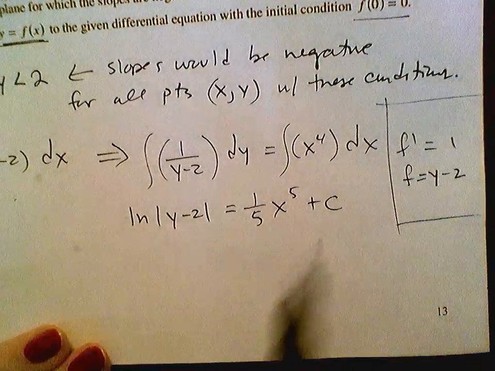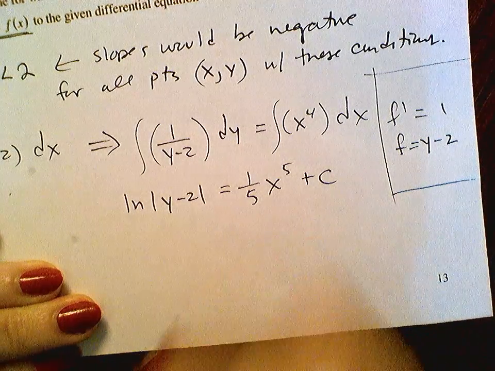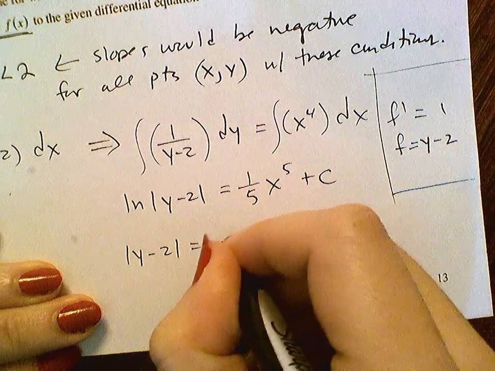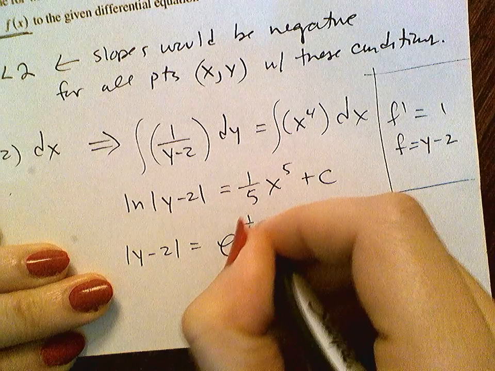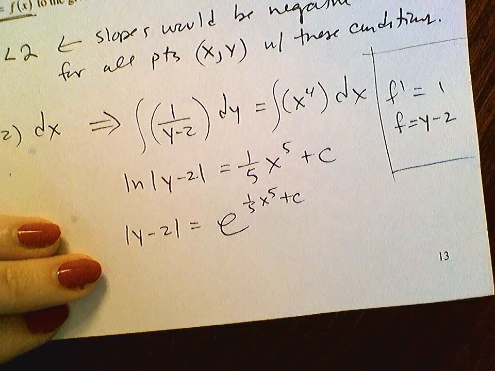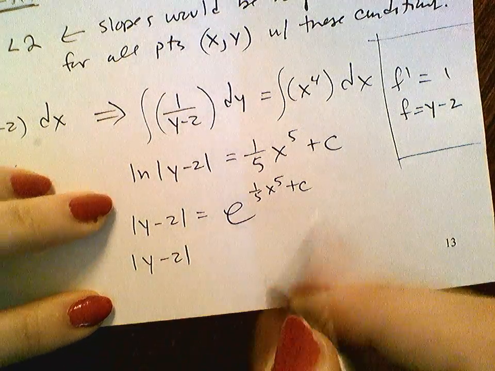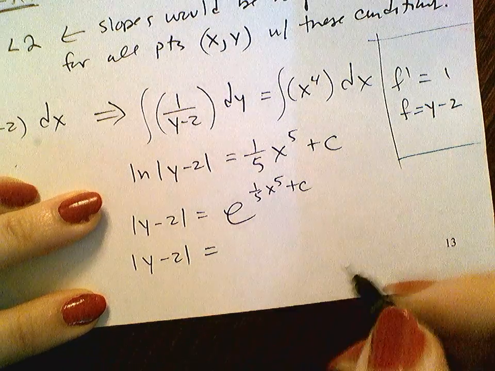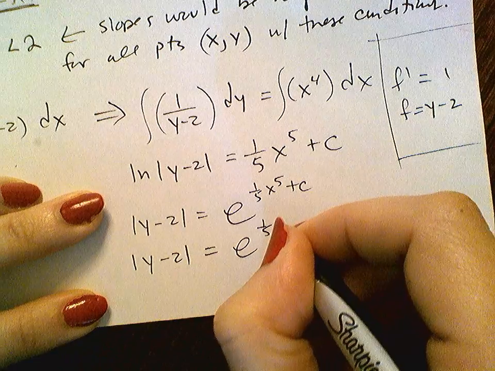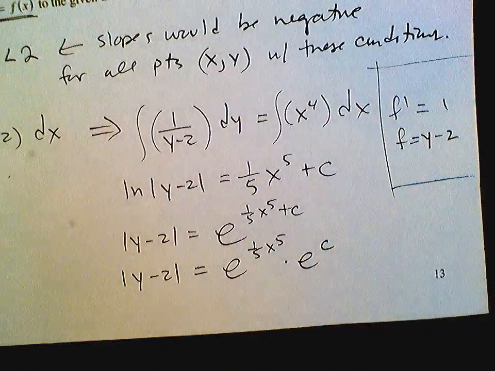So this is going to be e. I'll have the absolute value of y minus 2 equals e to the 1/5 x to the 5th plus C. But this equation is the same as e to the 1/5 x to the 5th times e to the c.